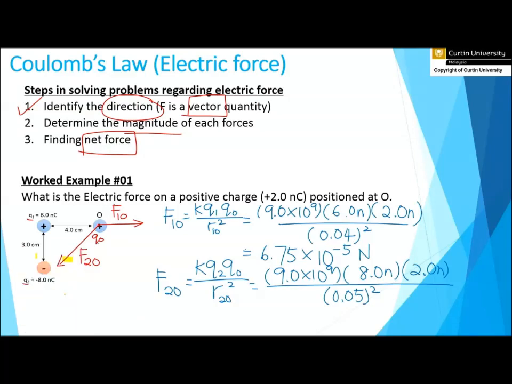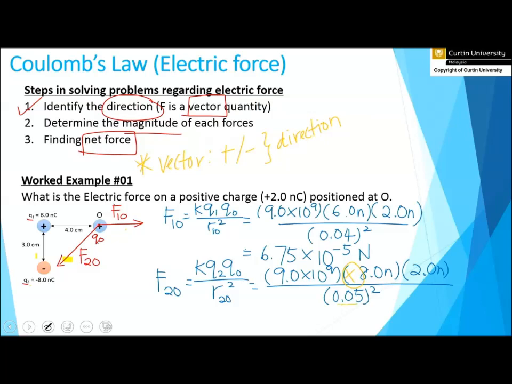We do not put in any positive or negative sign in front of Q2. Why? Because this is a vector. For a vector, remember, your positive or negative sign only shows the direction. It does not take part in your calculations, right? So even though Q2 is a negative charge, we do not put any sign in front. But we will look for the directions. That's why we have already drawn the direction in our first step.